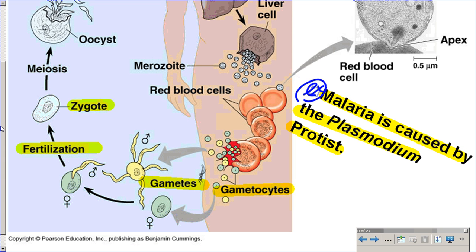And then, who's ever heard of African sleeping sickness? It's where they just fall asleep and then they don't wake up. African sleeping sickness is caused by the tsetse fly, and the tsetse fly carries the protist that is going to be inhabiting that person's, I think it's their brain cells. I can't remember.